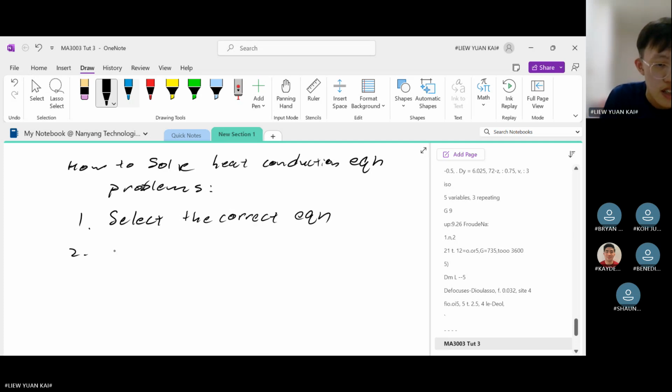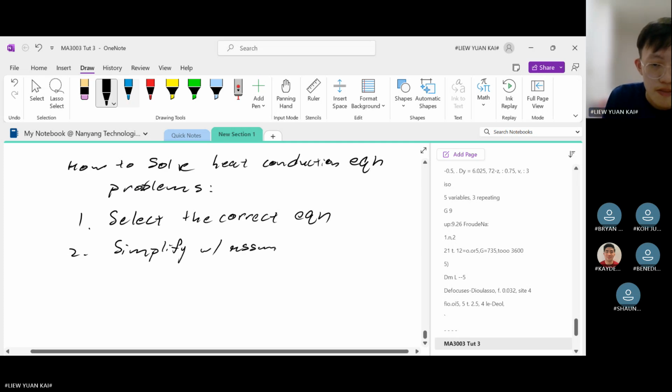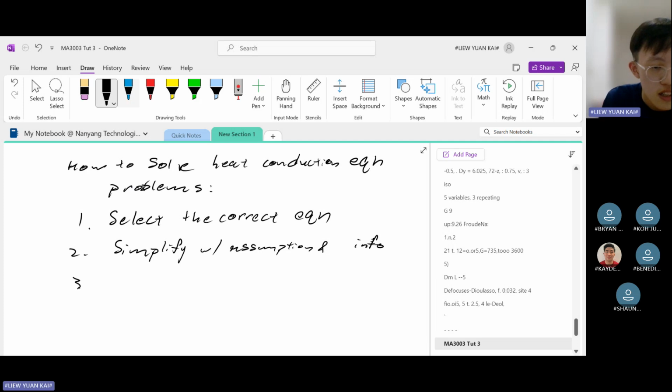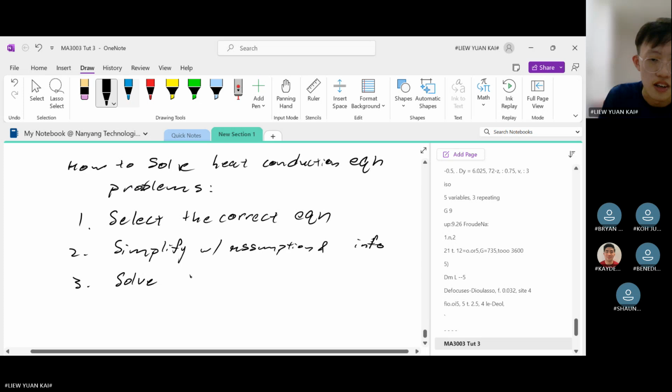Number two, simplify with assumptions and info, the given info from the question. Number three, solve C1 and C2, which are unknown constants, using the boundary conditions.